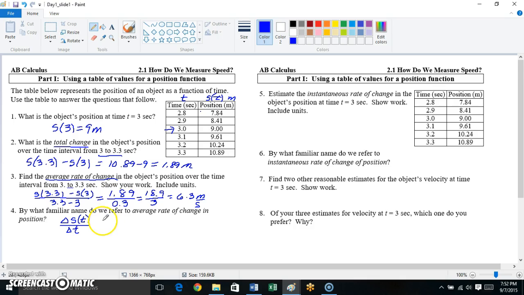So we refer to that as the average velocity, but that calculation is also just the slope. And we're going to be more specific, the slope of a secant. It's the slope between the 2 points.